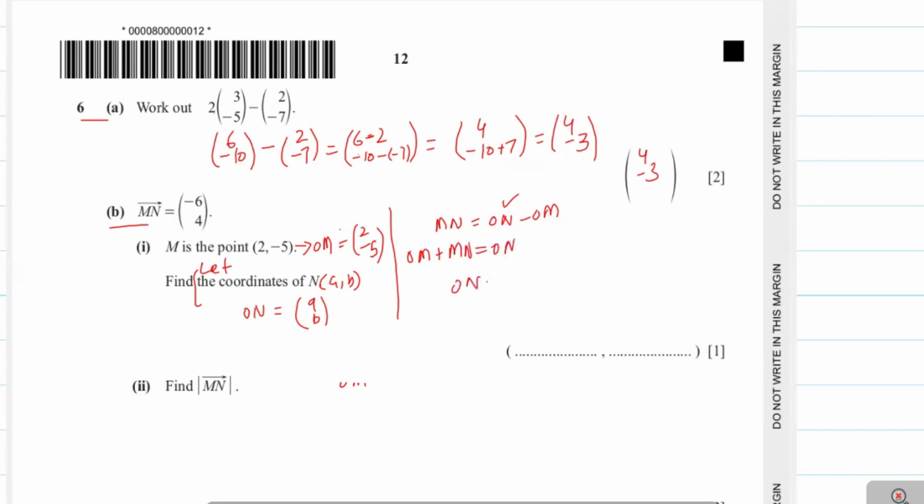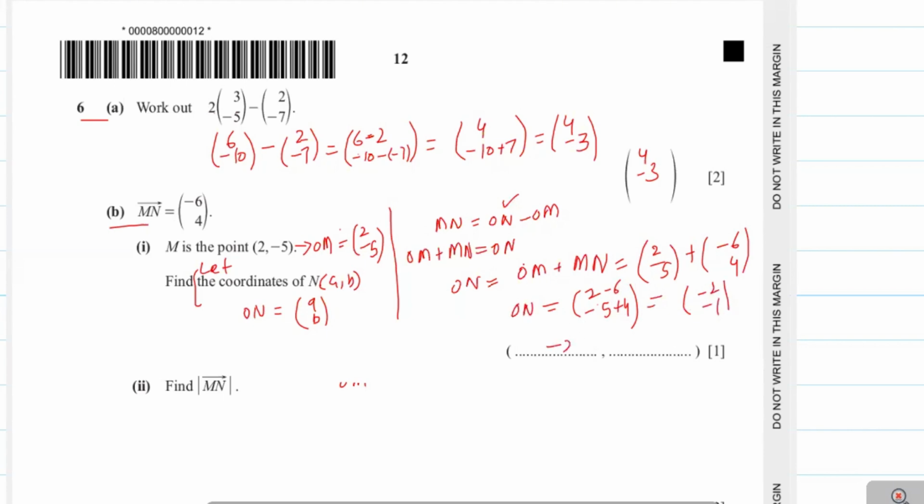Therefore, ON equals OM plus MN, and OM here is (2, -5) and MN is (-6, 4). This will be equal to (2 - 6, -5 + 4), which is (-2, -1), and therefore the coordinates of N will be (-2, -1).